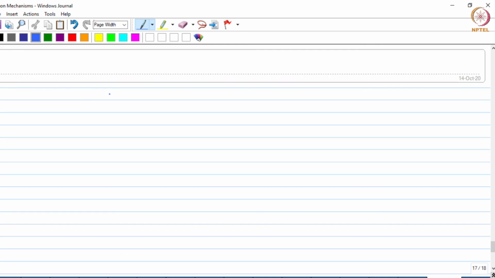Or it can also happen that zirconium may displace titanium from the particle liquid interface.